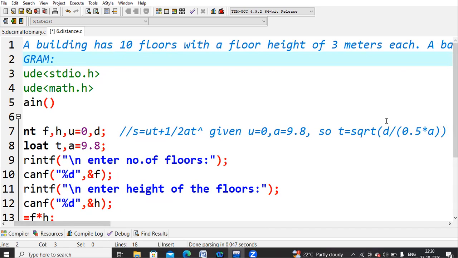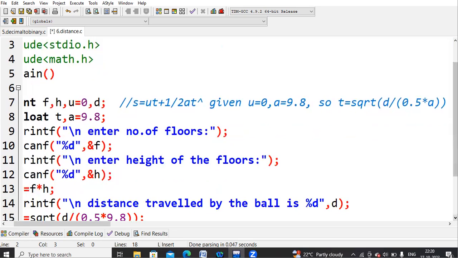You are not going to use any u value here, but according to the formula, if you substitute 0 there, that term becomes 0 and only half at square remains, right? a is 9.8, we find the t value, and then simply give the distance and the time taken, right? So those are all the requirements.